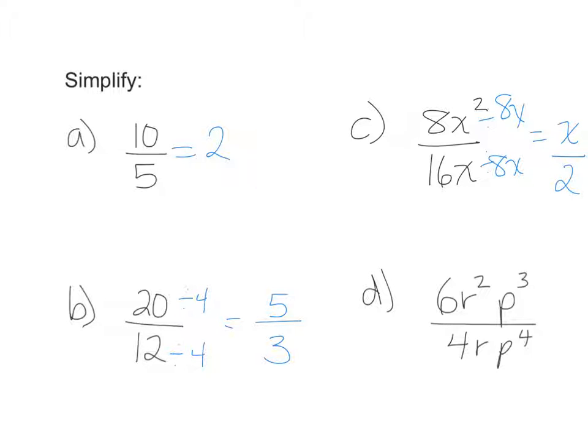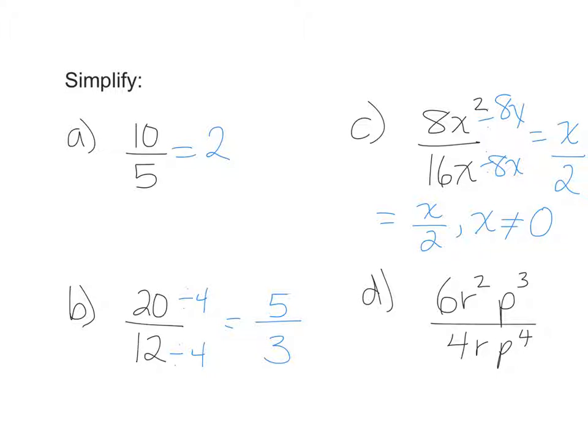We didn't in the first two have to consider non-permissible values because there was no variable in the denominator. But for this one, C, we also need as part of our answer a non-permissible value. So 8x squared over 16x is equal to x over 2 as long as x does not equal 0.